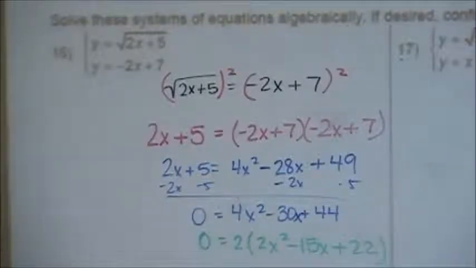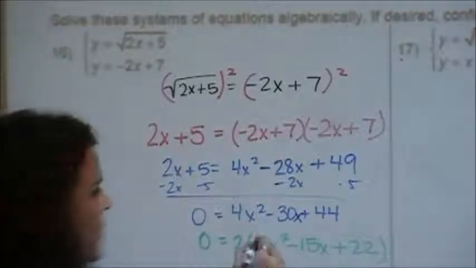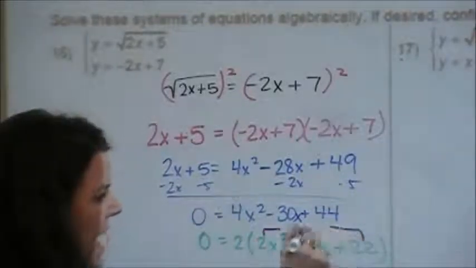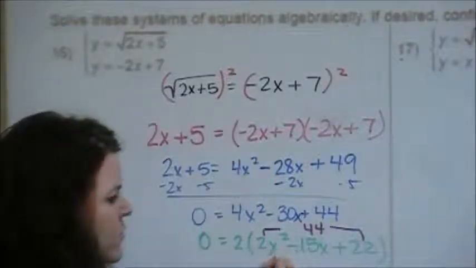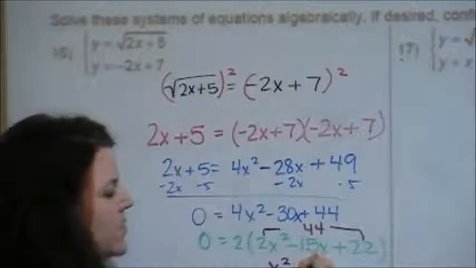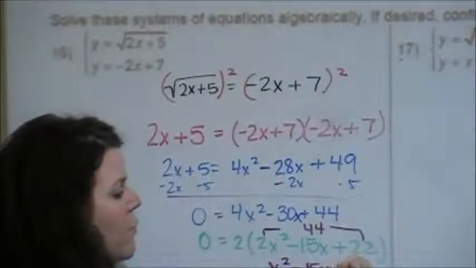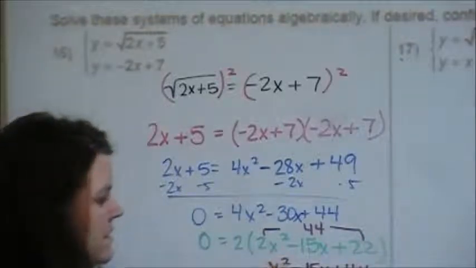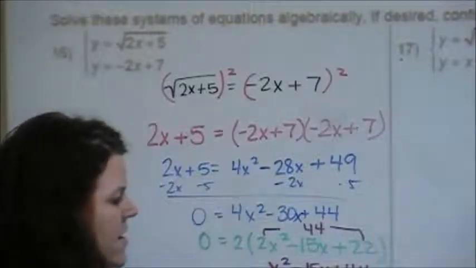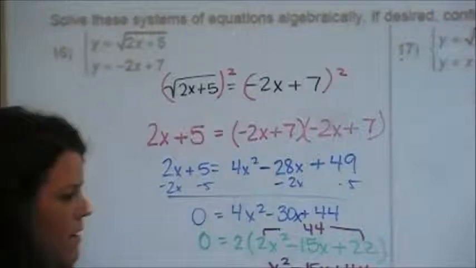Now I'm going to have to use the bottoms up method because even though I factored out a GCF, I still have a lead coefficient of 2. So I'm going to multiply first and last. That gives me 44. So my new trinomial would be x squared minus 15x plus 44. And that factors x minus 11, x minus 4.